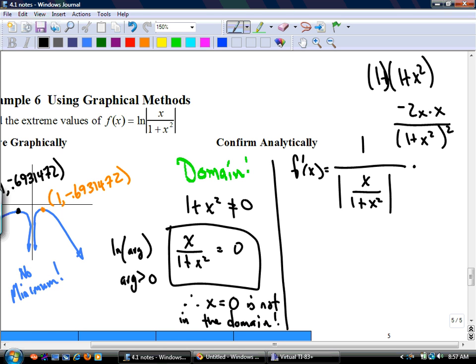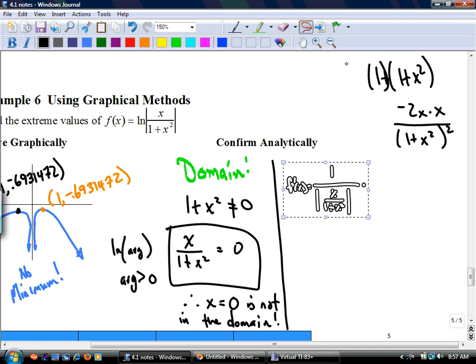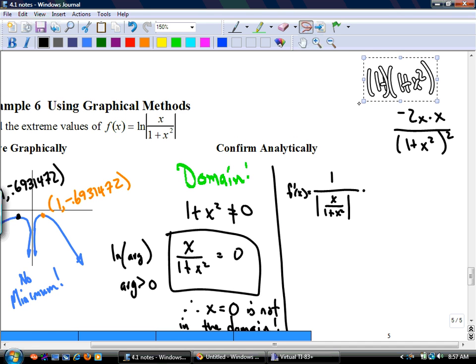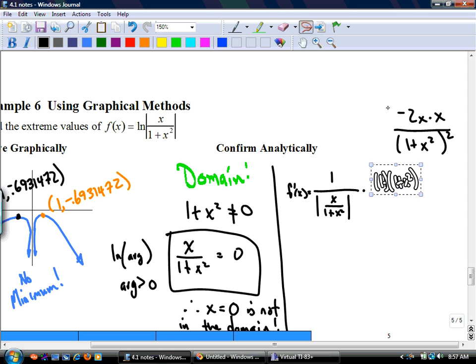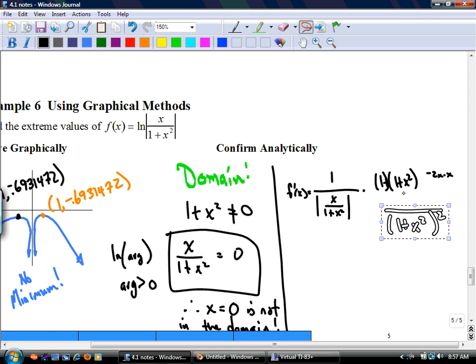Yeah, I know, that's just about the crappiest way you could write that. But anyways, we could do this. Put that over here, put that there.